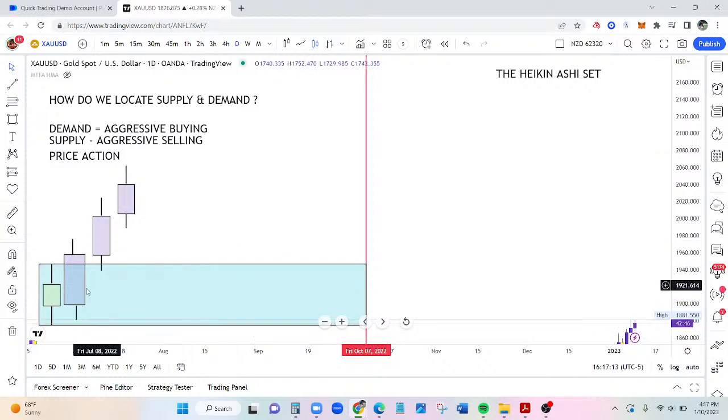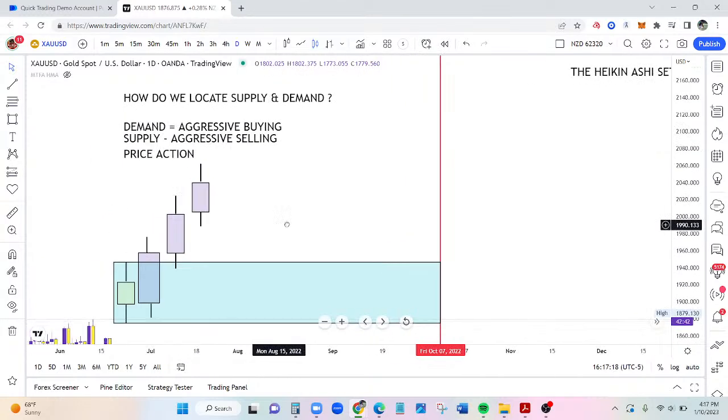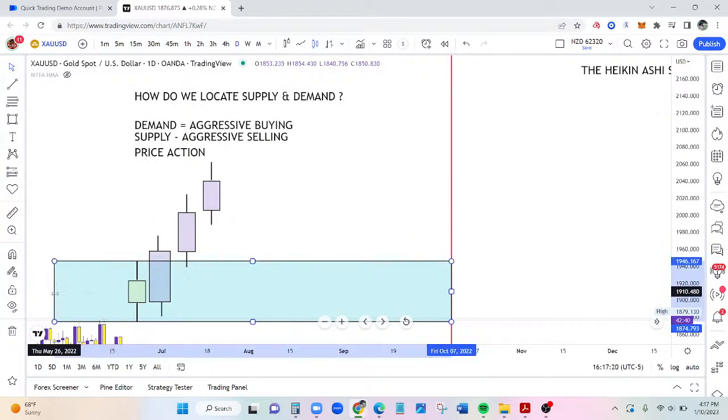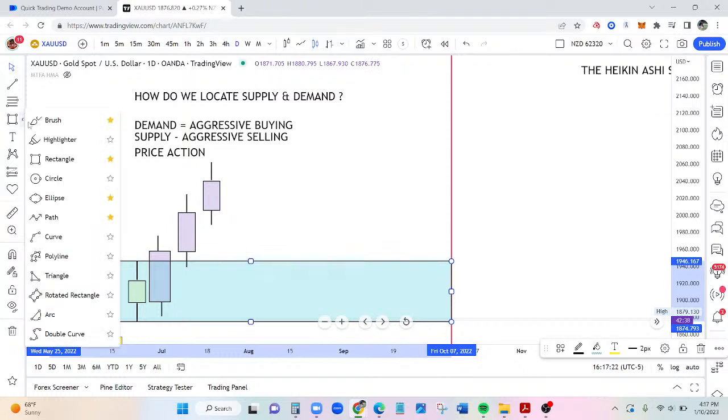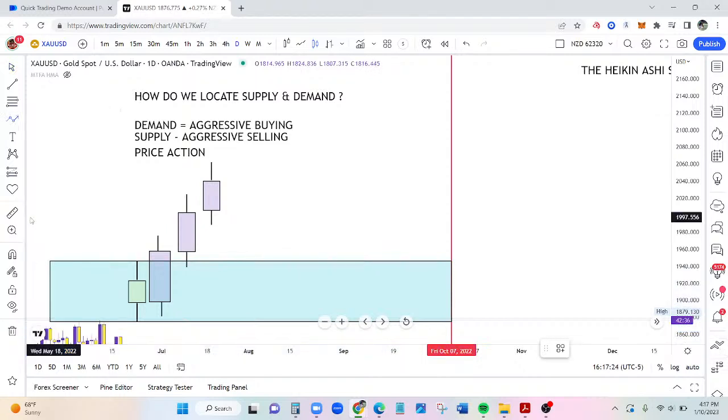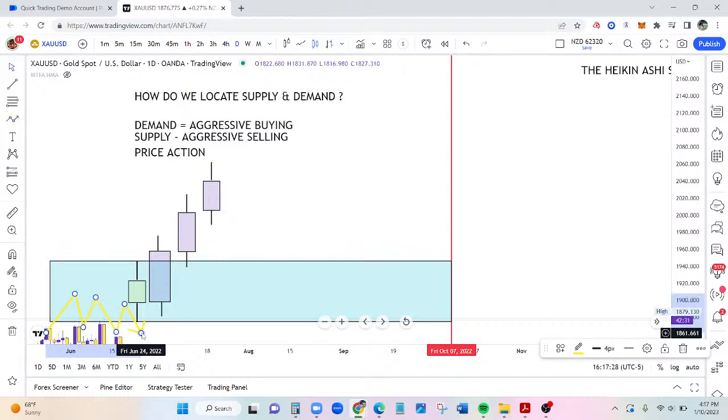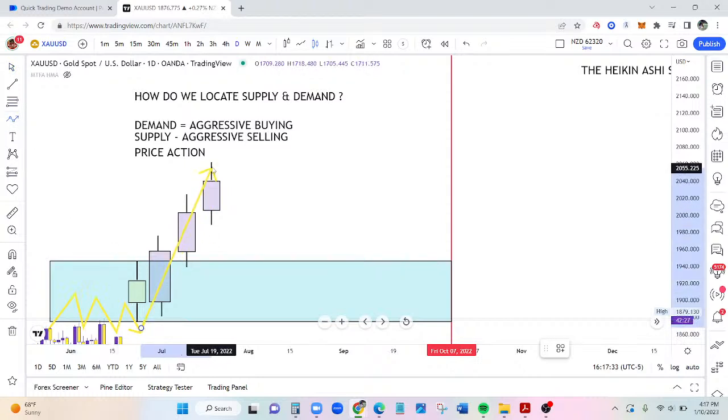Our goal is when we get something like this, especially if price was below on the opposite side and then we got this impulsive breakout, we want price to retrace back.